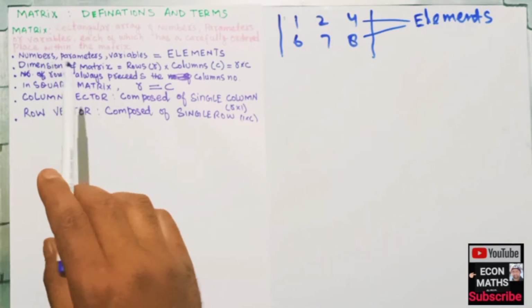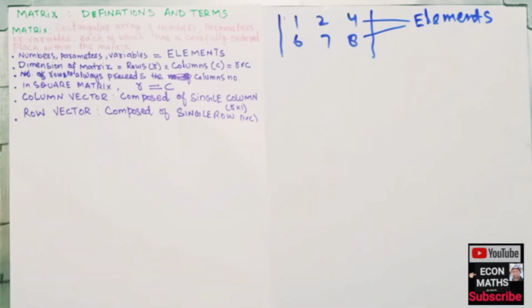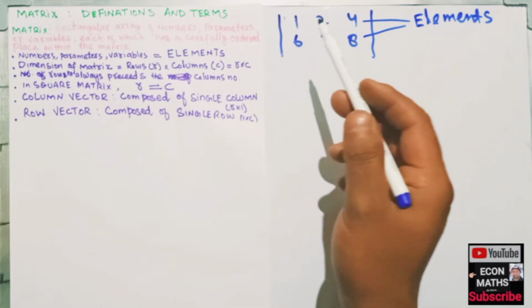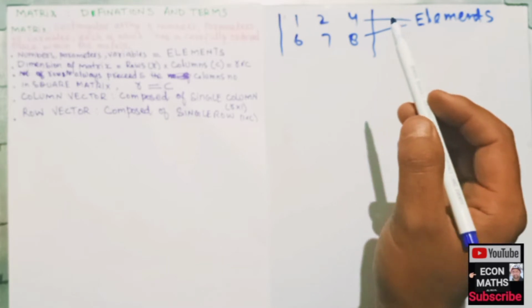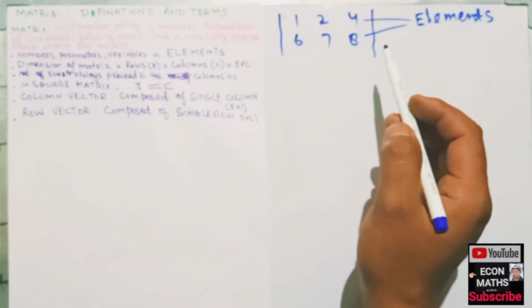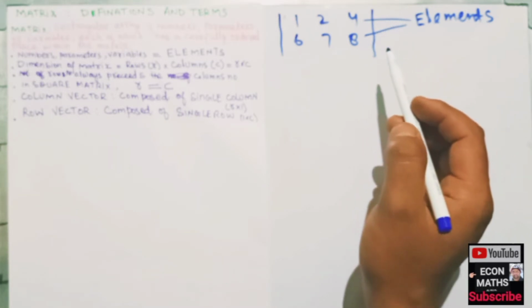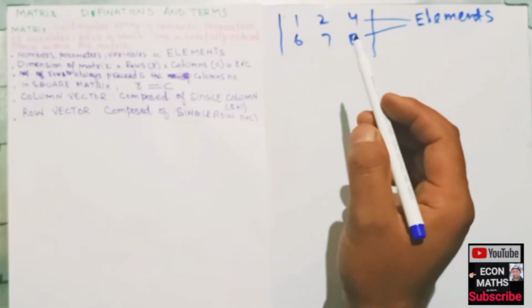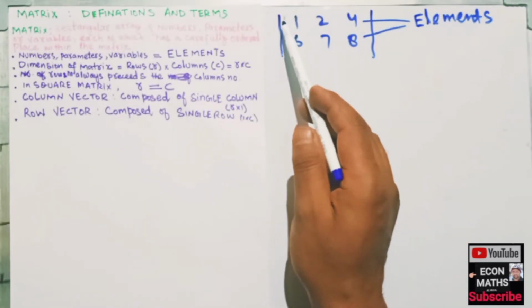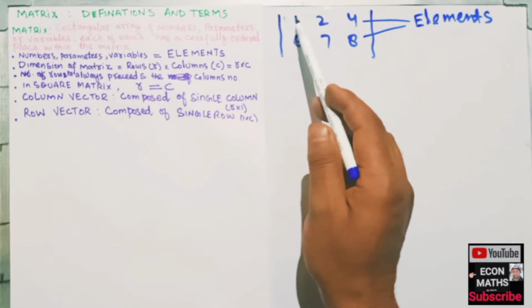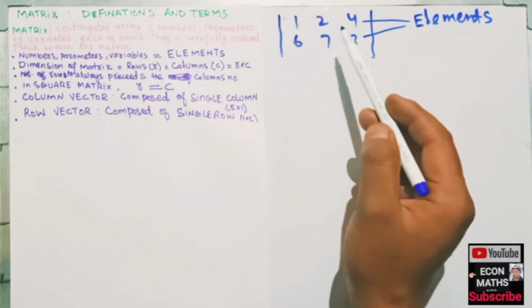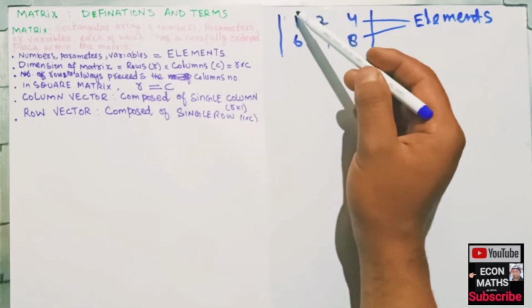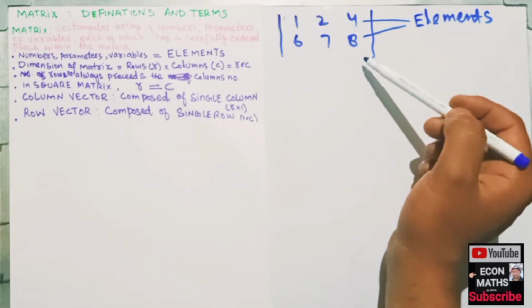Now, dimension of a matrix. What is the dimension of the matrix? Number of rows multiplied by the number of columns gives us the dimension of the matrix. Here the number of rows is 1 and 2. There are 2 rows. Similarly, number of columns is 1, 2, 3.